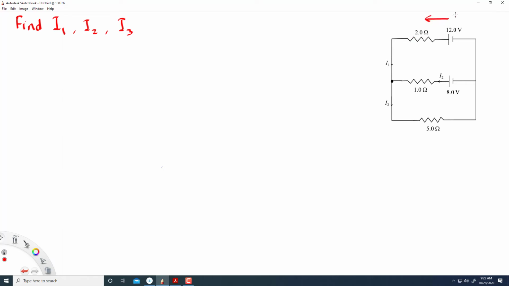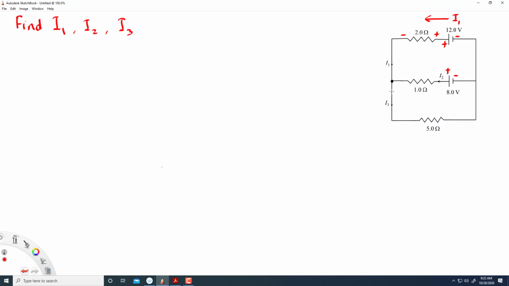So this one would be the positive entry point, and the exit point would be negative. This is negative of the battery. This is positive of the battery.